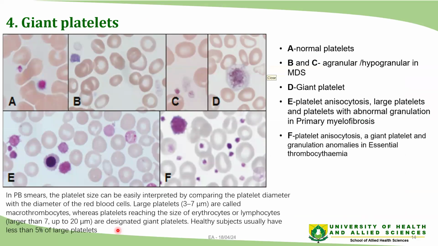So if we go through this film that we have here, the first film shows the presence of normal size platelets. Then in B and C, we see some platelets which are hypogranular, and some of them don't even have any granules in them.